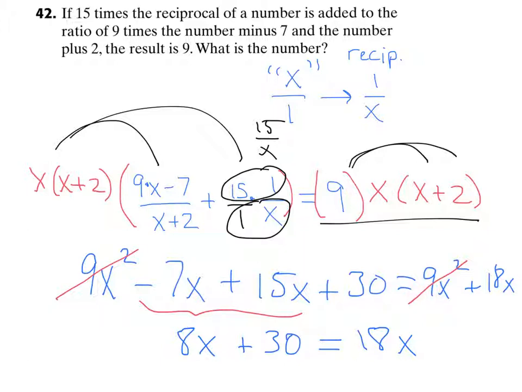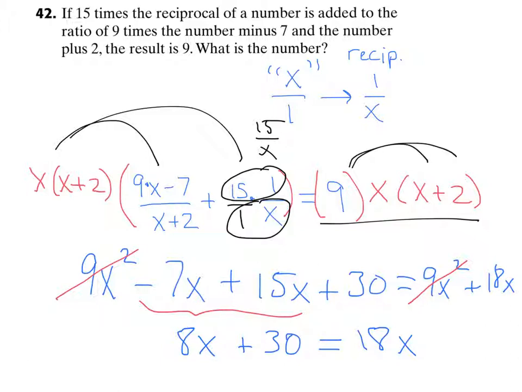So what I have left here and here has absorbed the 9x being multiplied in, making 9x squared, and the 9x being multiplied in, making 18x. That's why you don't see it again. I think my problem was I was distributing the 9 straight up, instead of distributing the 9 to 9x and then distributing the 9. And I was being a little bit lazy with this too, so I'll be honest.